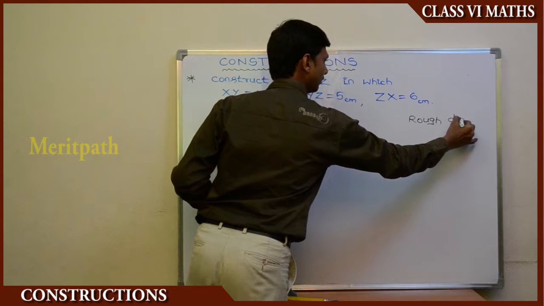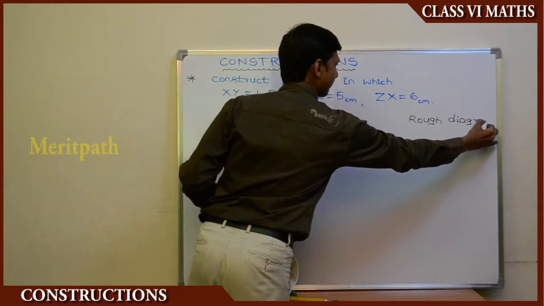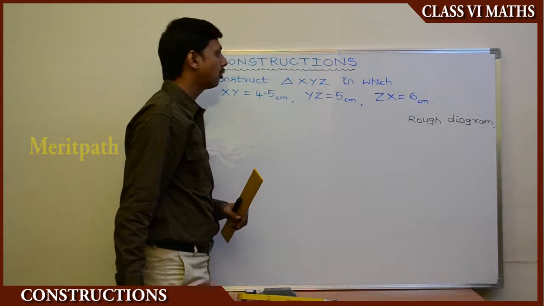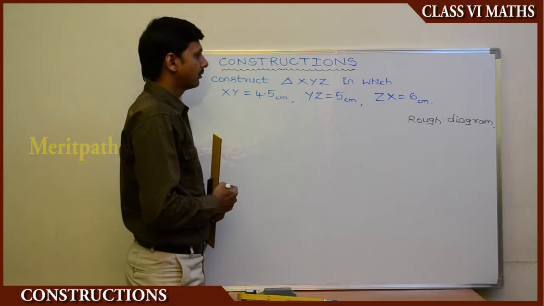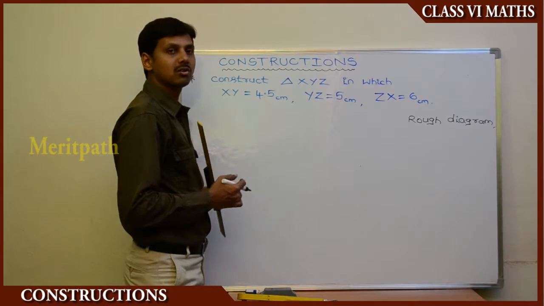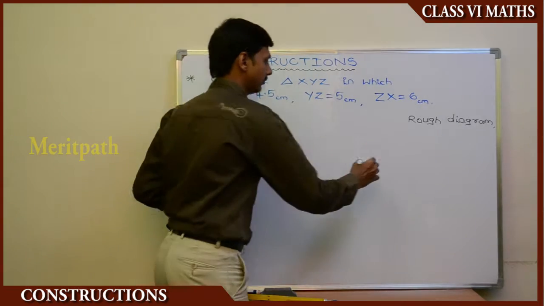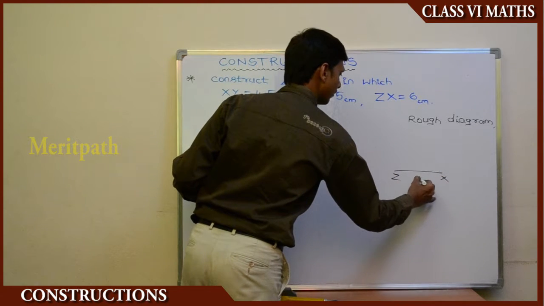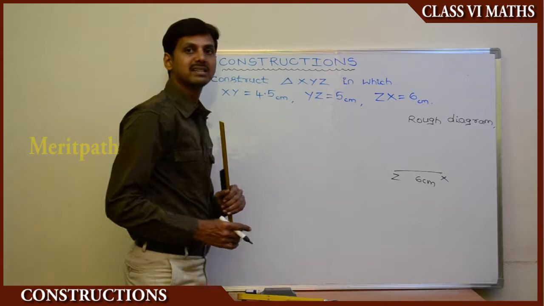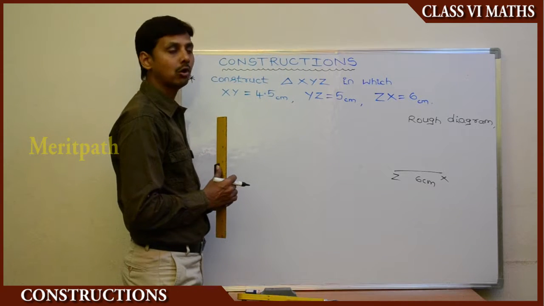Rough diagram. First we draw ZX, because this is the longest line segment we have. So ZX is 6 centimeters, the line segment we have drawn.